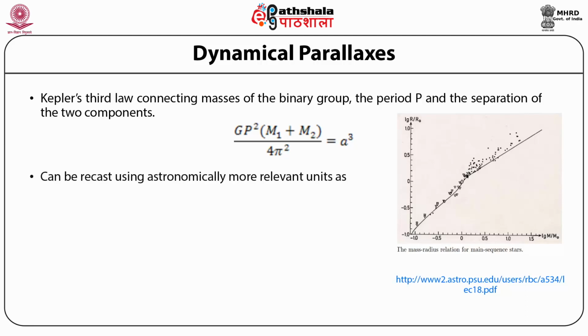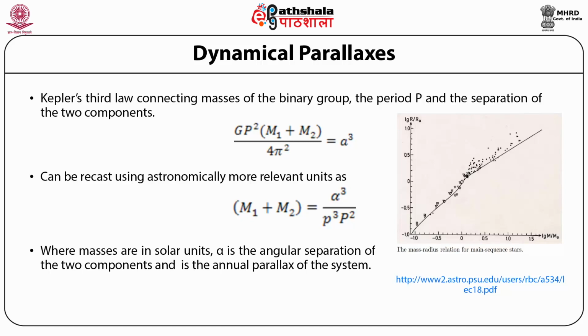This can be recast using astronomically more relevant units as M1 plus M2 equals alpha to the power 3 divided by P squared small p to the power 3, where masses are in solar units. Alpha is the angular separation of the two components and small p is the annual parallax of the system.